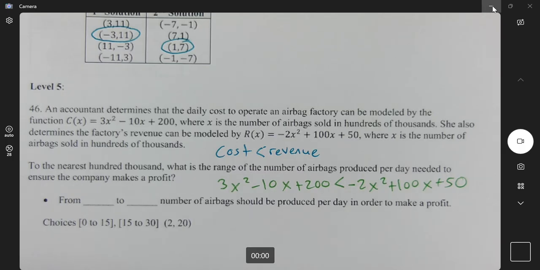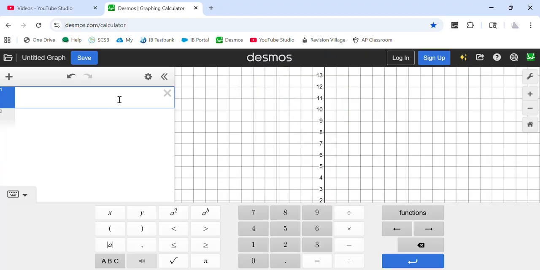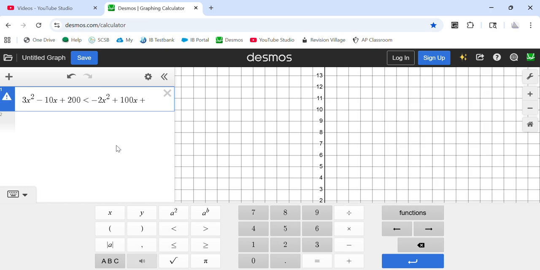Ta-da. See what we get here. 3x squared minus 10x plus 200 is less than negative 2x squared plus 100x, oh, we got some shading, plus 50.